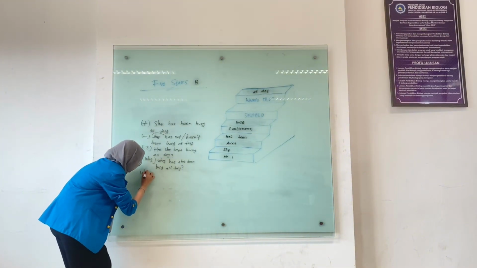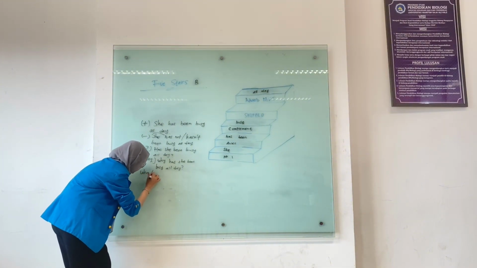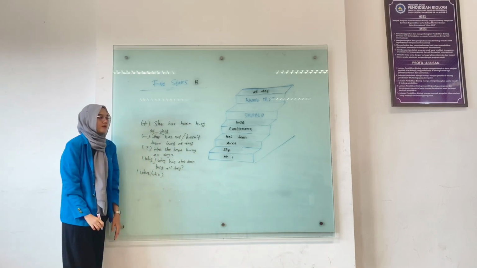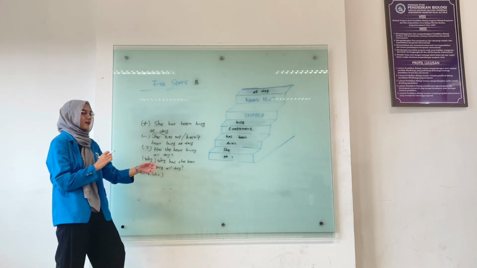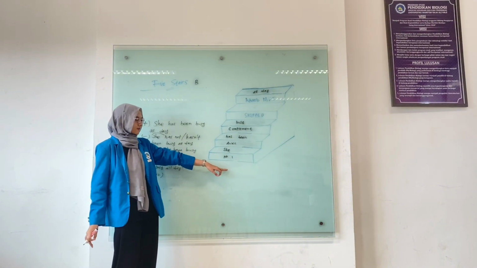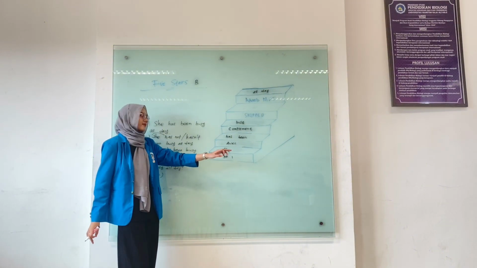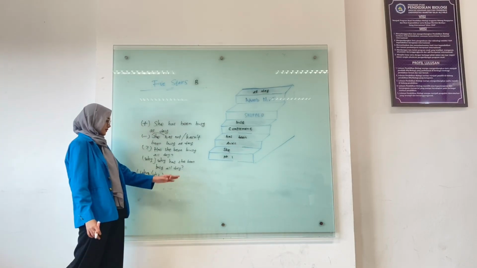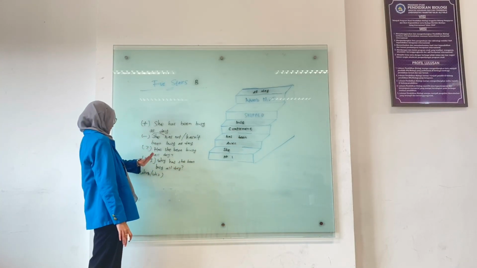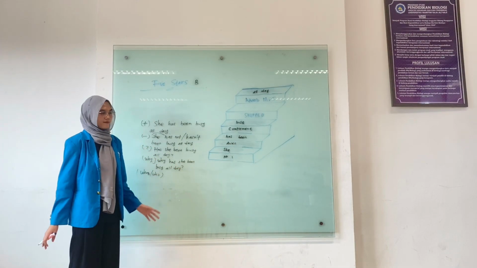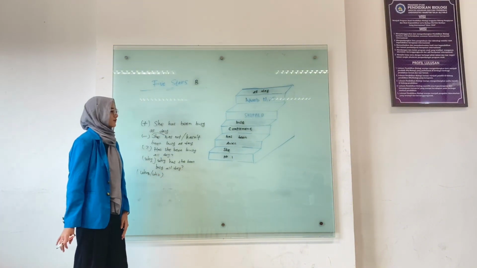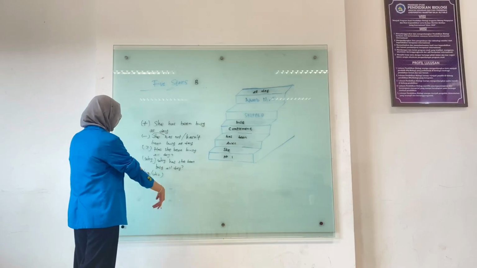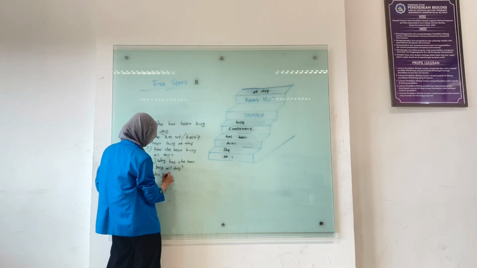And what about what and who questions? We have to pay attention again to the subject. If the subject is a thing, we use what. And if the subject is a person, we have to use who. In my example, I use a person, right? So we use who.